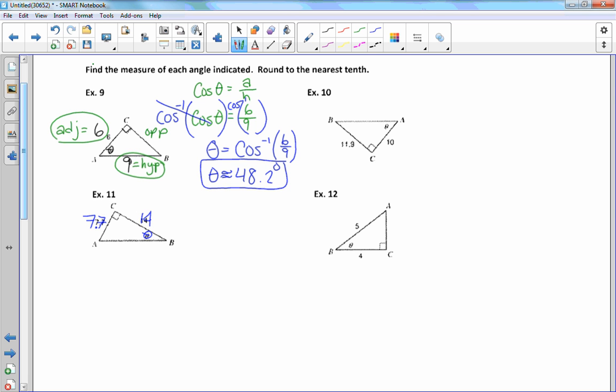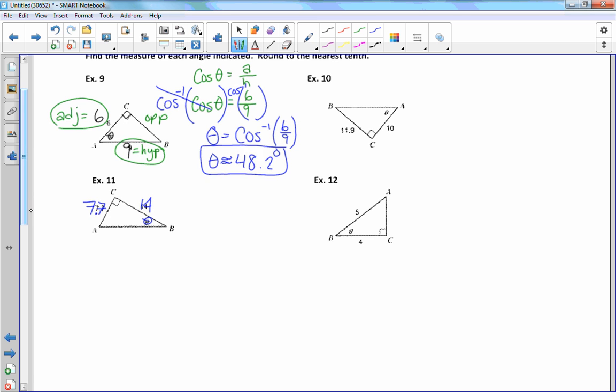Based off of the position of theta, we're going to label adjacent, opposite, and hypotenuse. What do you label 7.7 as? And 14? Okay, so this would be the hypotenuse.